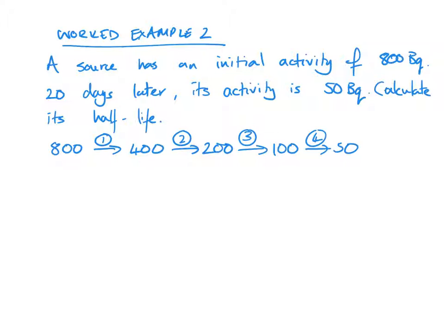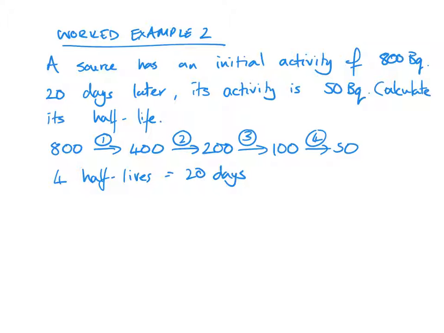Okay? The values will generally be picked so that your final value appears in this chain. We'll talk about what happens if it didn't. So what we now know is that from 800 to 50 means that 4 half-lives have passed. So we know that 4 half-lives is equal to, going back to the question, 20 days.